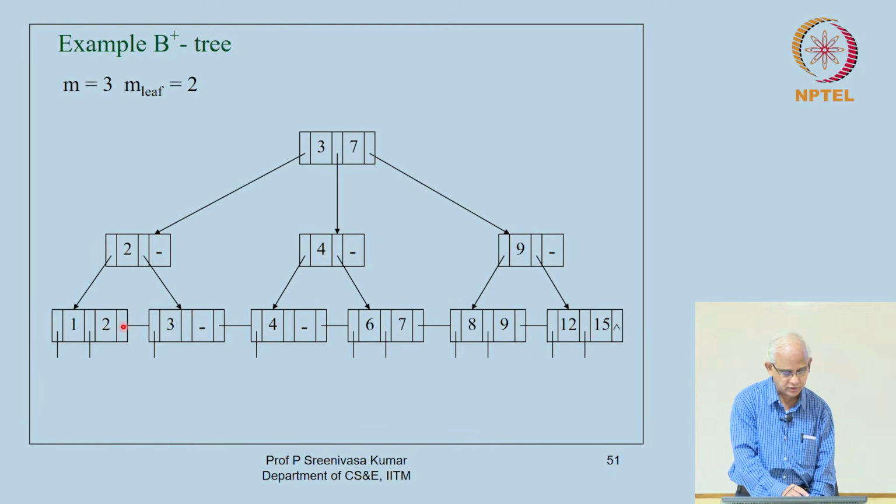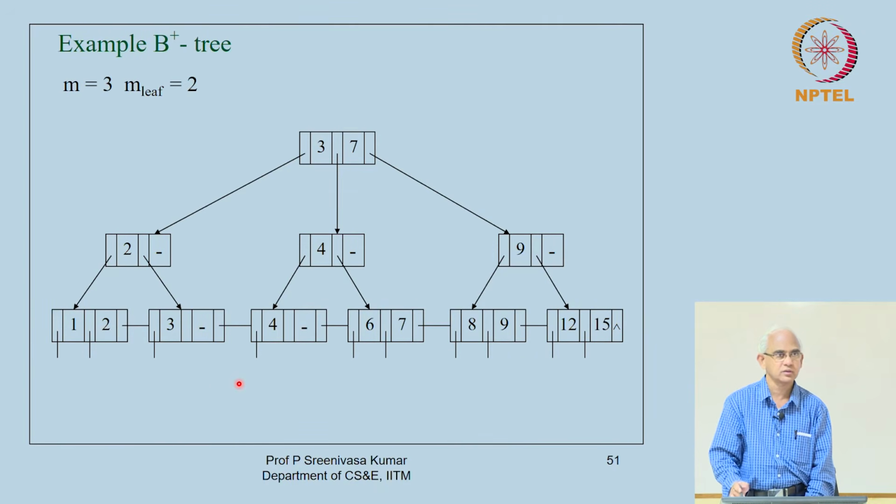Okay. And this is the pointer that I was talking about, which links up the leaf nodes. So, if you start at the leftmost leaf node and simply access the records using these record pointers, then you will get all the data records in increasing order of this particular field, in spite of whatever order in which they have been organized on the disk.